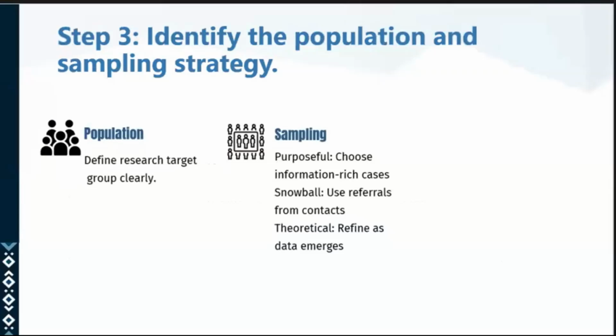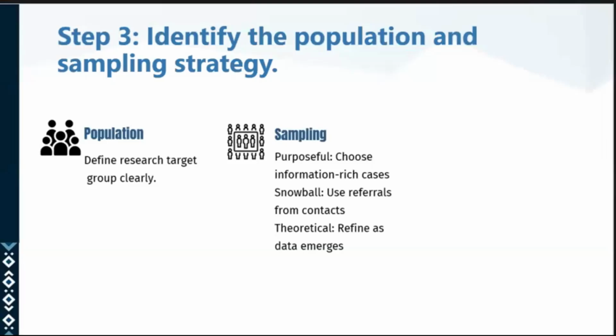We have purposeful sampling, which is choosing information-rich cases. When you are talking about information-rich cases here, you're talking about choosing people that actually give you enough information about a certain topic.